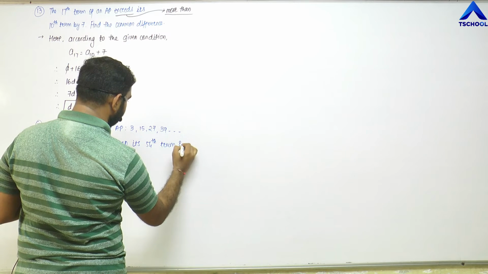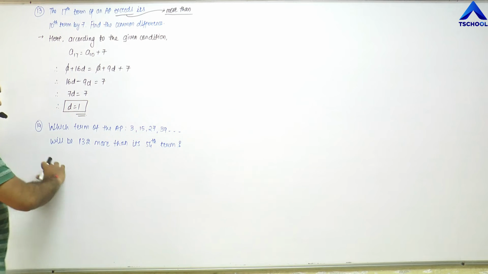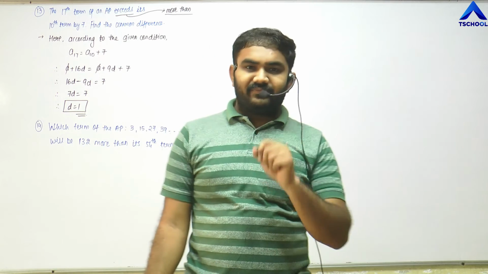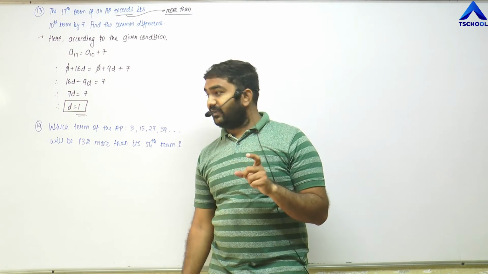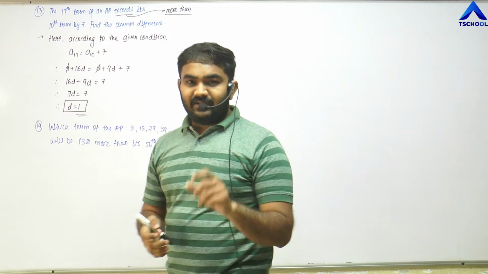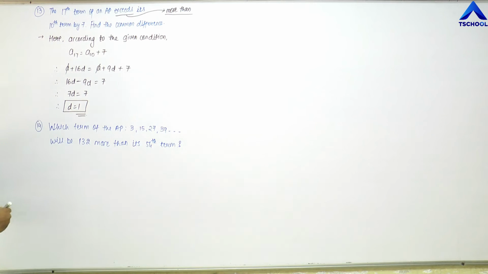So again, understand the question, friends: which term of the AP given to us here is 132 more than its 54th term. So we are looking for that value of n, which term, and that term is 132 more than its 54th term.